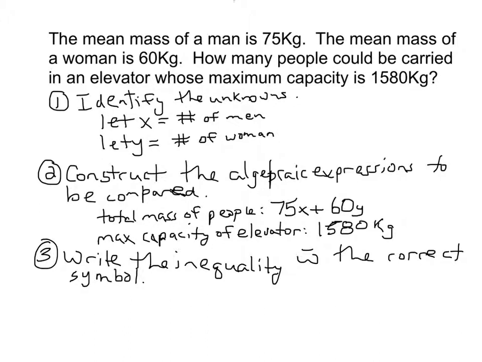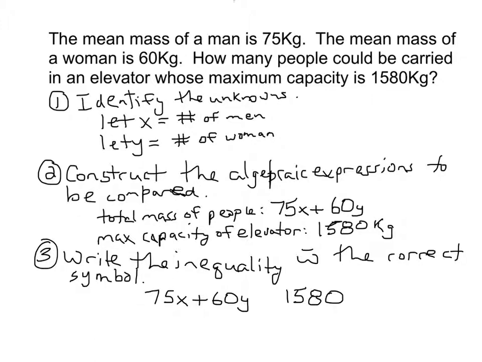So Martin was on the right track. He said it's going to be 75x plus 60y, and then 1,580 on the other side of it. He put an equal sign in the middle. That would be true if we were saying that the total mass had to be equal to 1,580.